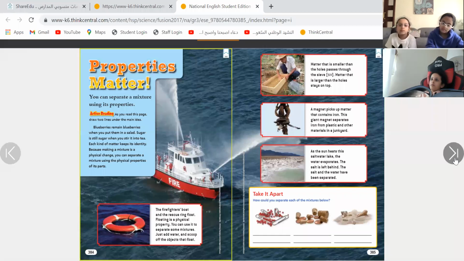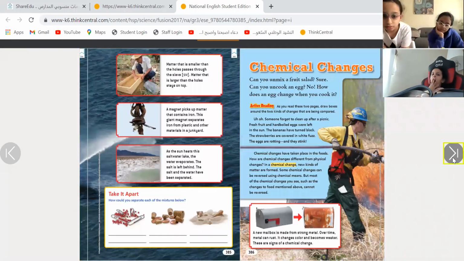Properties of matter mean that matter can have a characteristic that defines it from others, or they can help you use them so you can sort stuff. Do you remember the sieve and the magnet? Also, when water evaporates, what do they leave behind? Salt. Excellent, the salt. Very good.